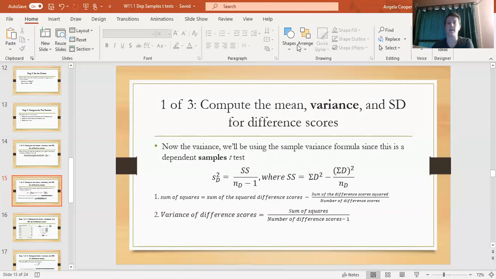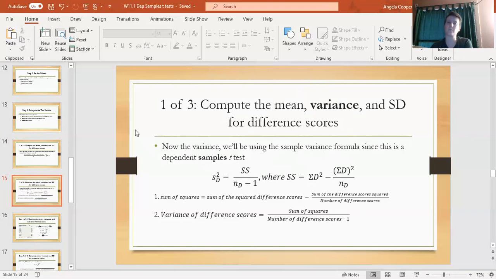We plug that sum of squares into the numerator of the variance equation and divide it by the number of difference scores minus 1.